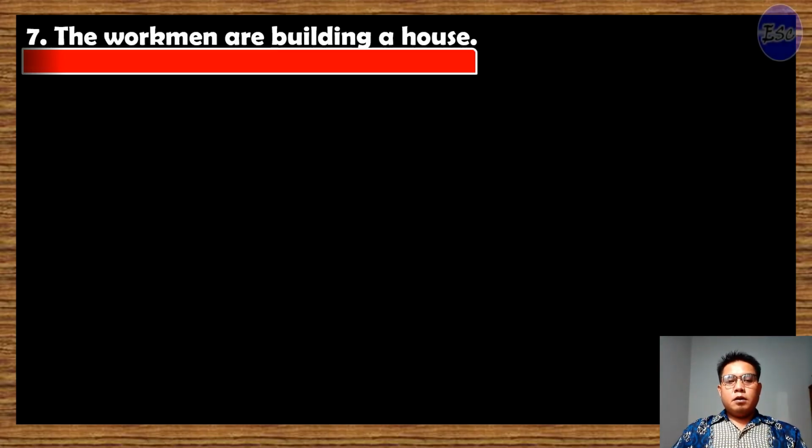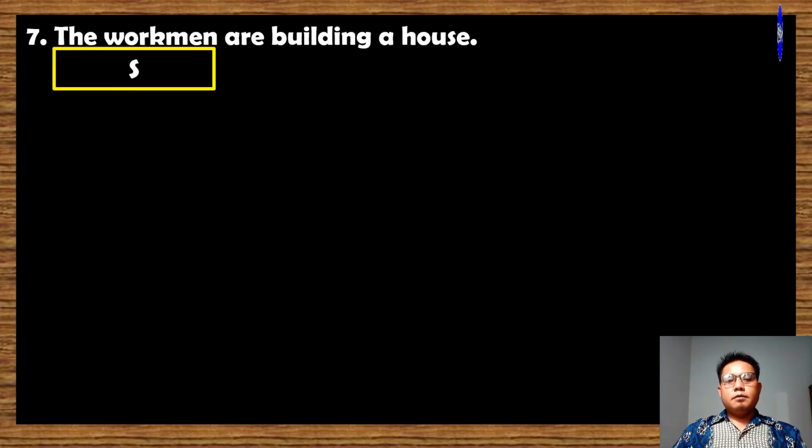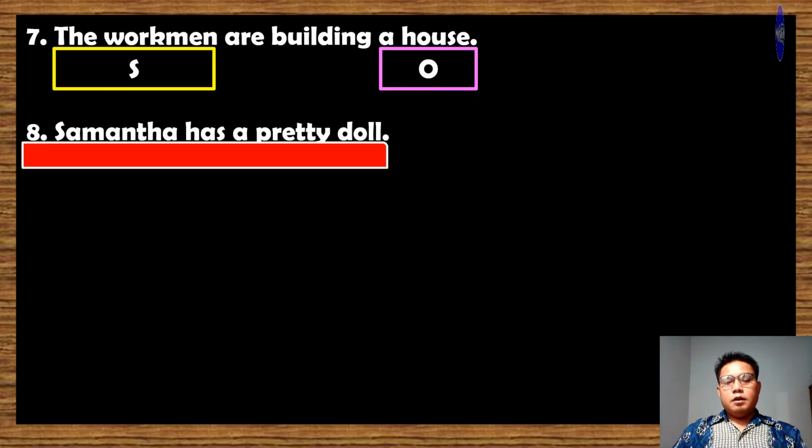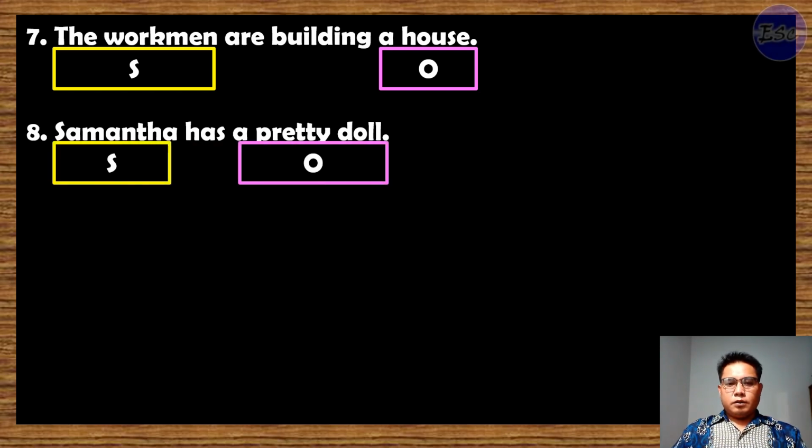Number 7. The workmen are building a house. Yes, the workmen is the subject, a house is the object. Number 8. Samantha has a pretty doll. Right, Samantha is the subject, a pretty doll is the object.